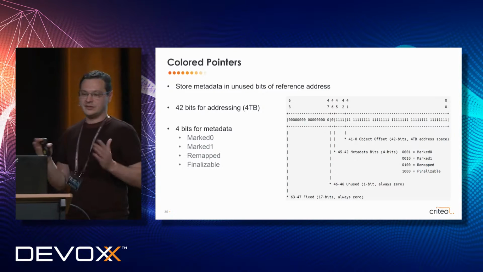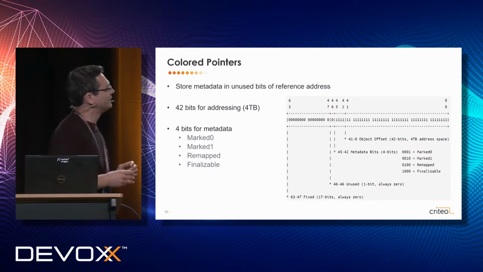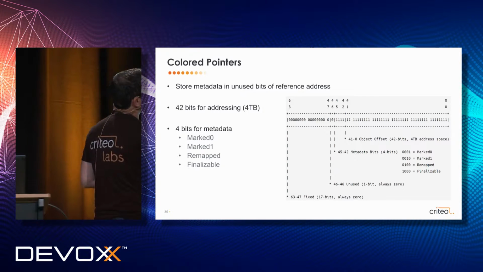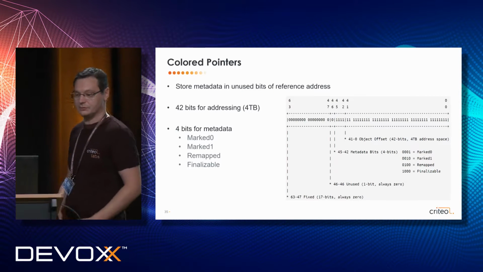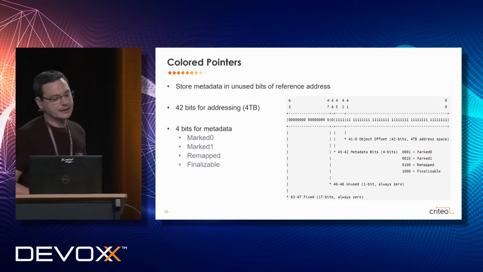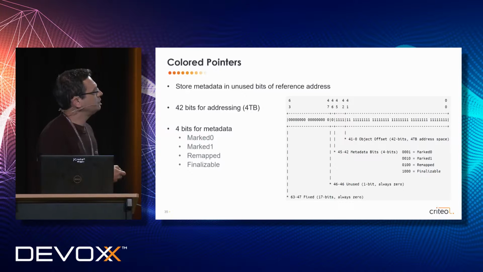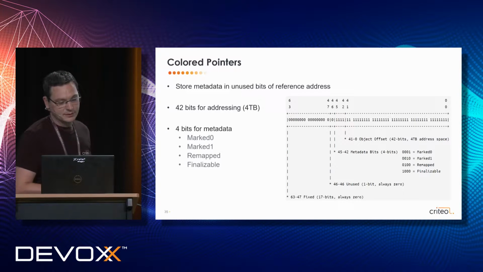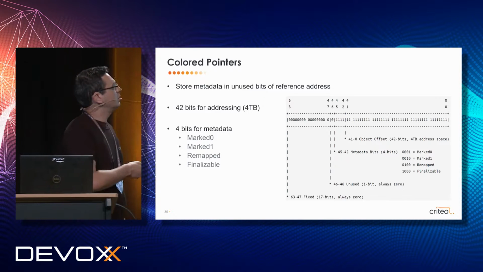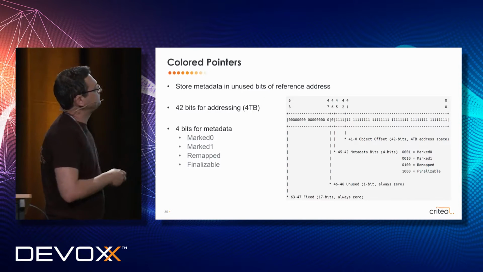So as you see on 64 bits, there is plenty of space at the end. There are a lot of zeros that are still zero because they are not used for addressing. So they use 42 bits for the addressing, up to 4 terabytes, and the 4 metadata bits here.